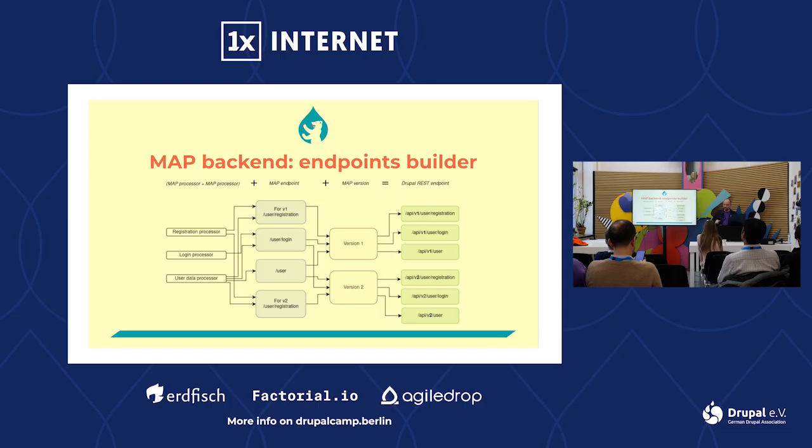And after this, we will have a much more complex schema, but the idea is that map processor plus map processor, we put in a map endpoint, this map endpoint we put in a map version, and at the end, again, we get Drupal REST endpoints. And now we have only three processors. What are processors under the hood?